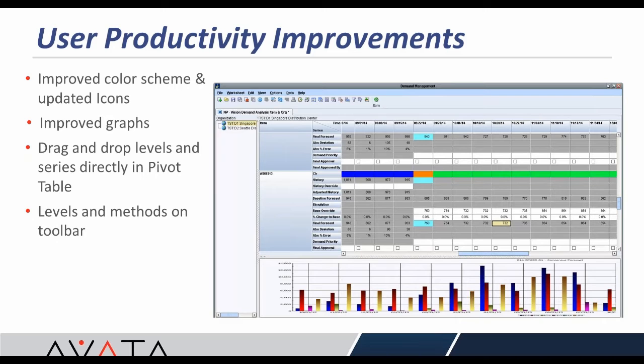Now you can switch that, as you see here, where the dates are across the top and the series are horizontal. By dragging and dropping the time and series up in this corner, you can, like a pivot table, switch the whole order of the columns to series. Really user-friendly, powerful enhancement.